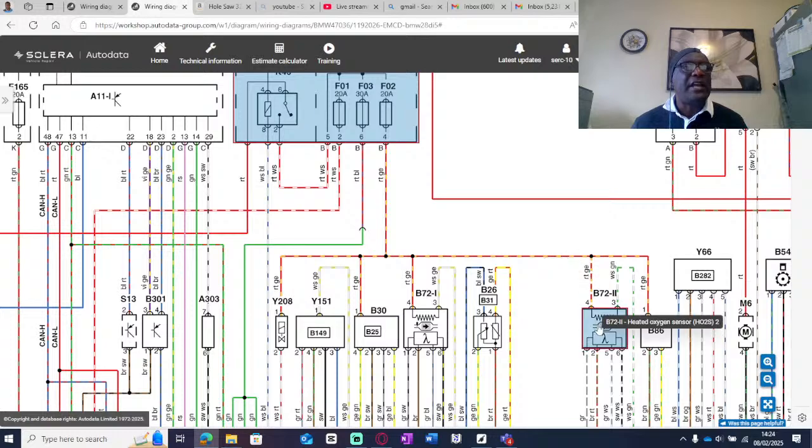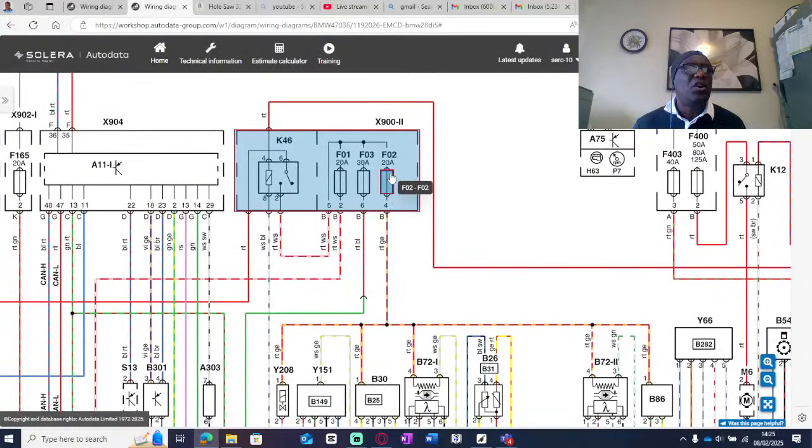Exhaust gas recirculation sensor, oxygen sensor 2, power, low. Engine oil level sensor, power, low. 1, 2, 3, 4, 5. 5 sensors that can be affected by the condition of fuse number 2. Just one fuse will affect all those sensors.